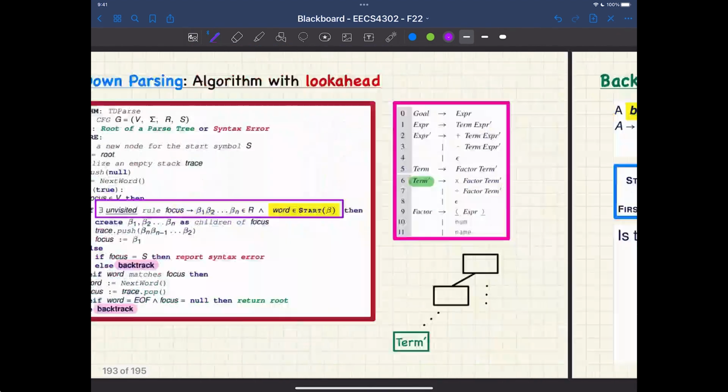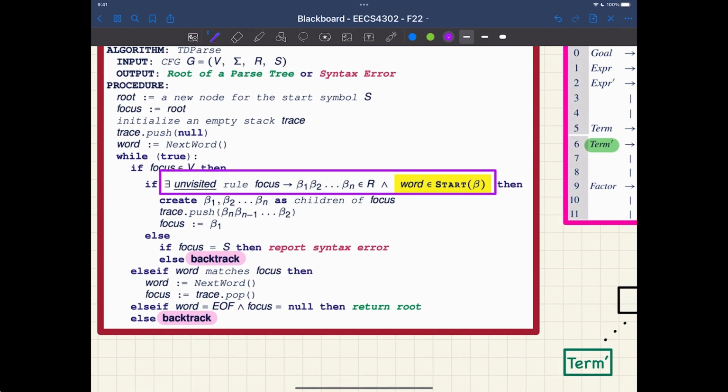Let's look a little bit more closely over here. Okay, only this line. And this line over here, remember maybe about 2 or 3 lectures ago. This line here is really to say if you got any production rule that's unvisited, we haven't really explored that, before you use it, look at what's the start look ahead symbol for that particular production.